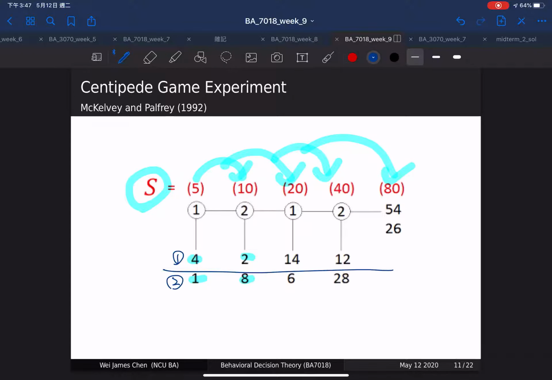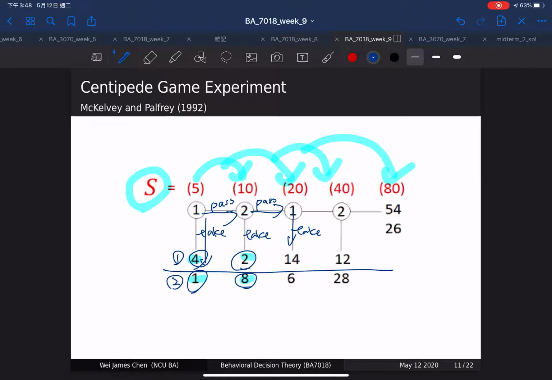So if the first person takes it right away, he gets 4, the other person gets 1. If we push and the other person takes, then the first person gets 2, but the second person gets 8. If the person further passes, then now if the person takes, so this is pass, this is take. Is that clear? Okay, and so on.